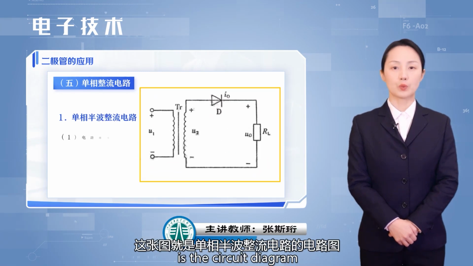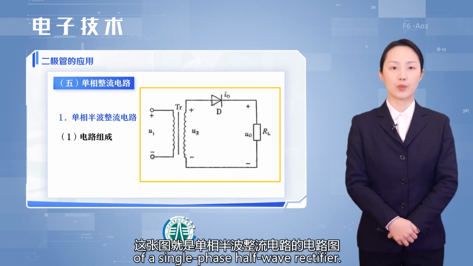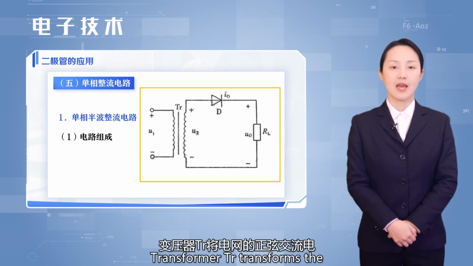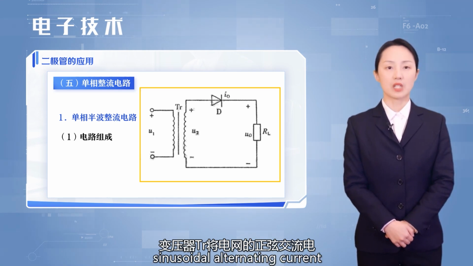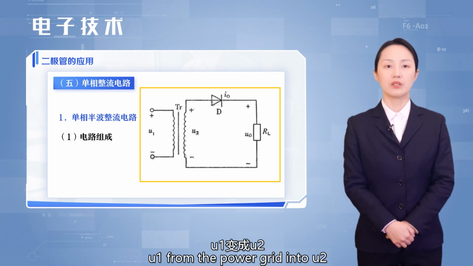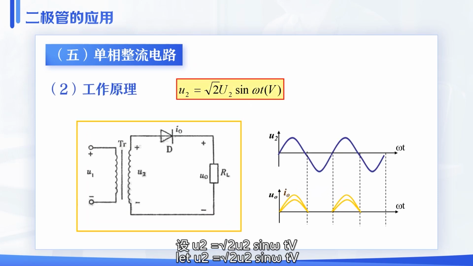This diagram is the circuit diagram of a single-phase half-wave rectifier. Transformer TR transforms the sinusoidal alternating current U1 from the power grid into U2. Let U2 equal √2 U2 sin ωt volts.